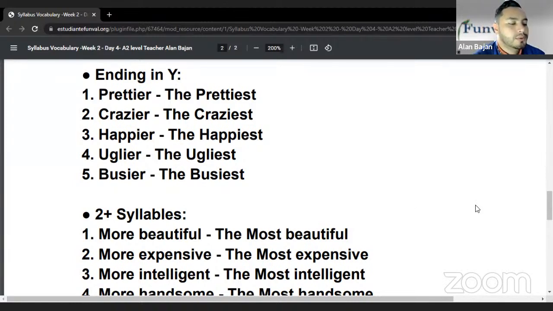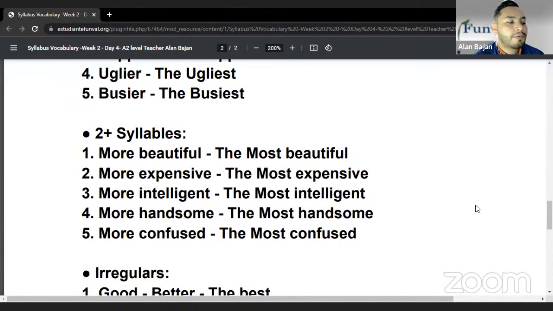And the next rule, when we have adjectives with two or more syllables, such as beautiful, expensive, intelligent, handsome, and confused.